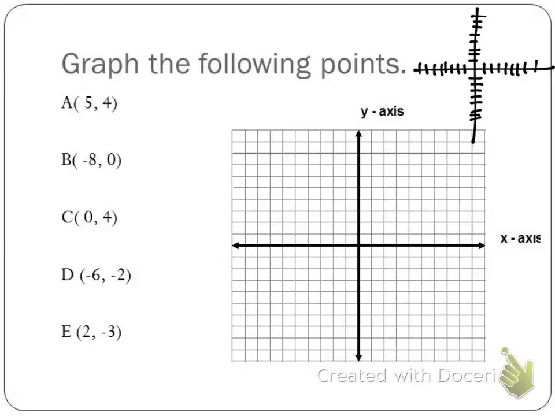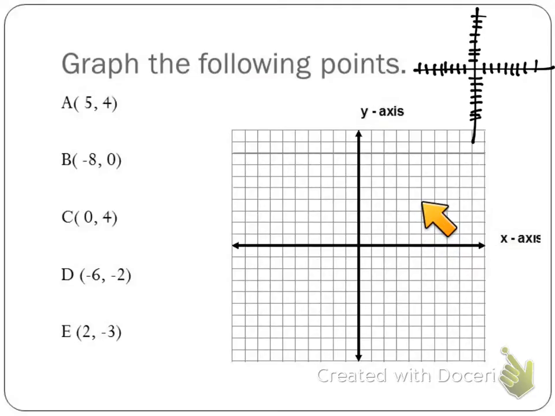All right, so point A, it's at 5, 4, so what should I do? It's positive 5. So that's right. 1, 2, 3, 4, 5. And up 4. 1, 2, 3, 4.